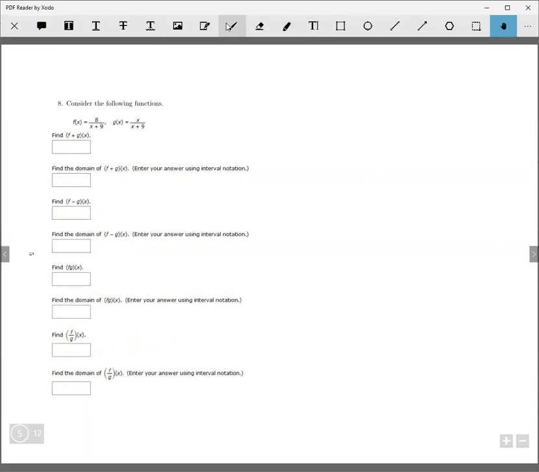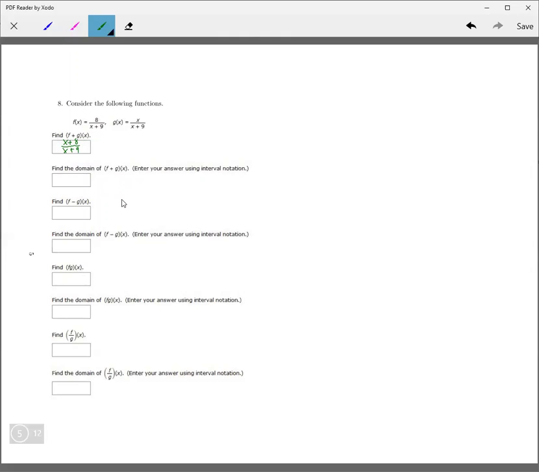Number 8, we have more functions. So this and this, f plus g. These have a common denominator, so when you add them together, you can just add it like this. So you get x plus 8 all over x plus 9.